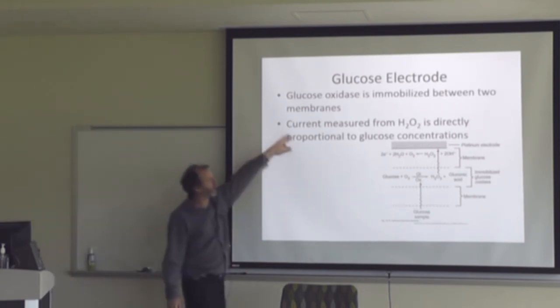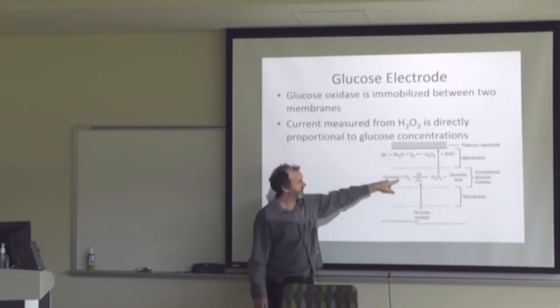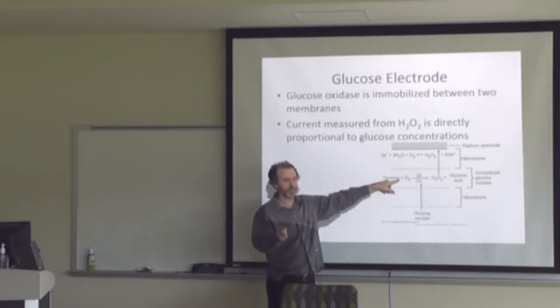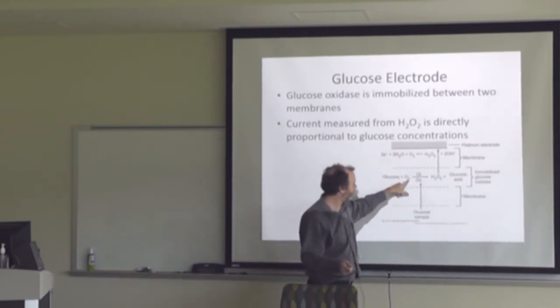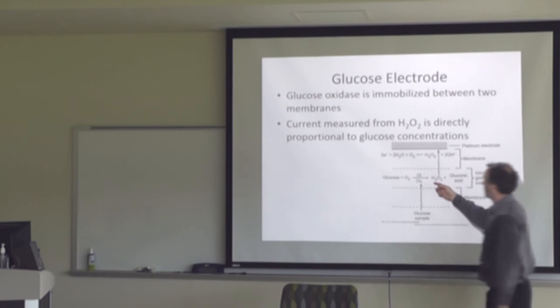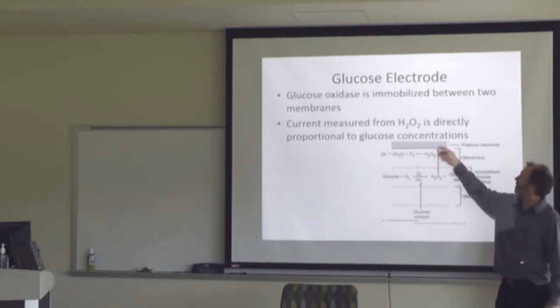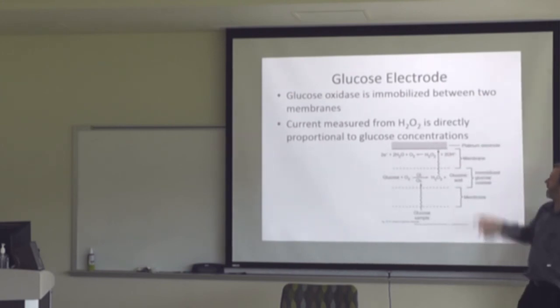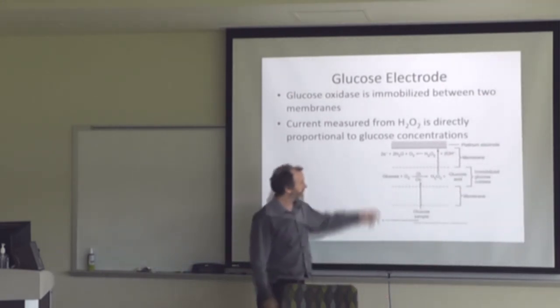Right, so the glucose oxidase is on the little strip that we use. There's glucose oxidase that will react with oxygen to form hydrogen peroxide. The hydrogen peroxide diffuses across the membrane, which will then generate the current at that platinum electrode. You get that redox reaction at the platinum electrode.